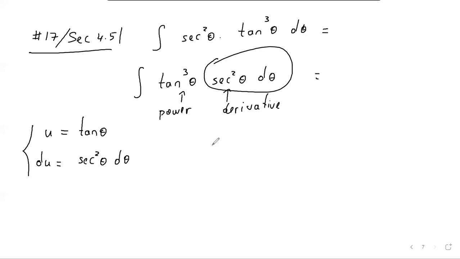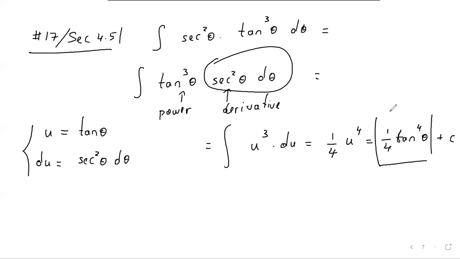So if you calculate, this is going to be u cubed, u is tangent, right? Times secant squared theta d theta, which is du. So it's as simple as saying 1/4 u to the 4, so no more du here. So 1/4 times, and u was tangent, so tangent to the 4 theta plus a constant c.